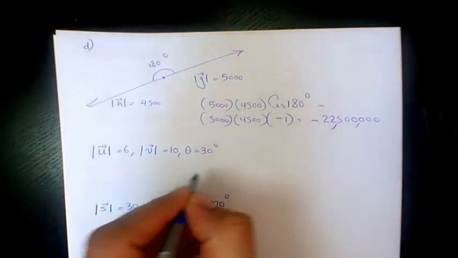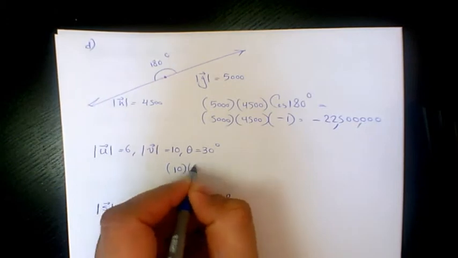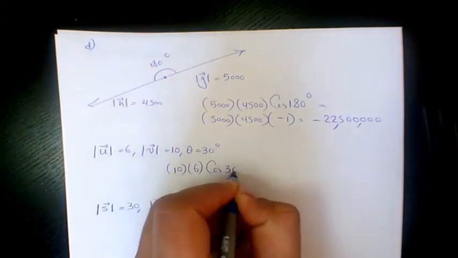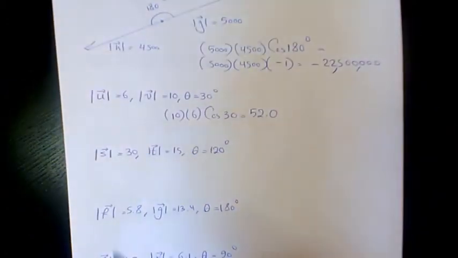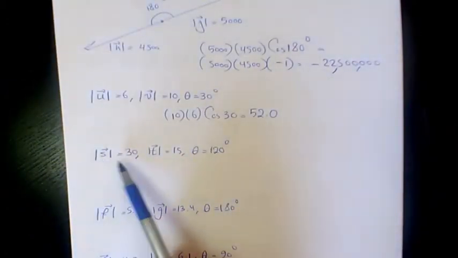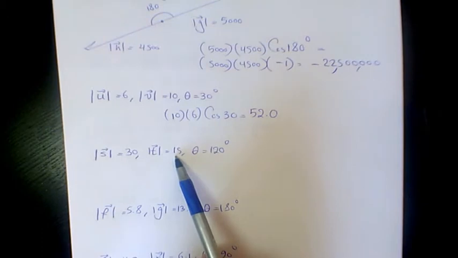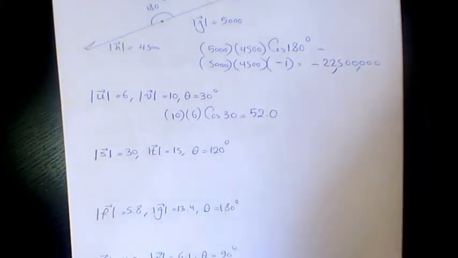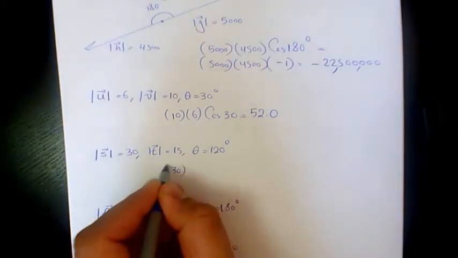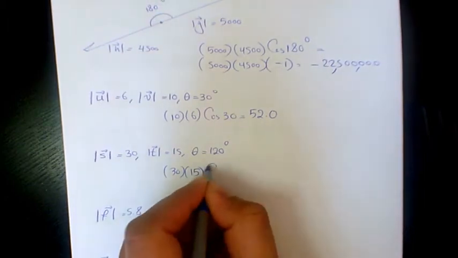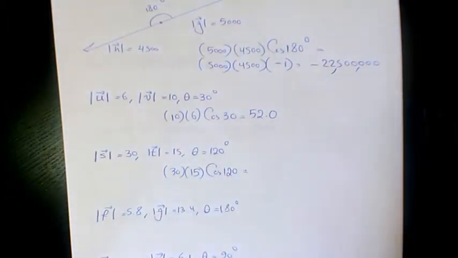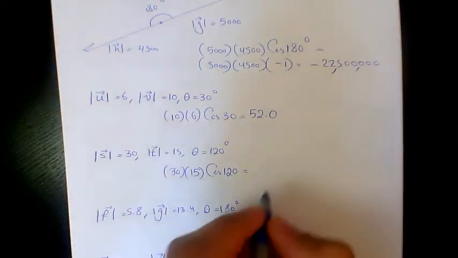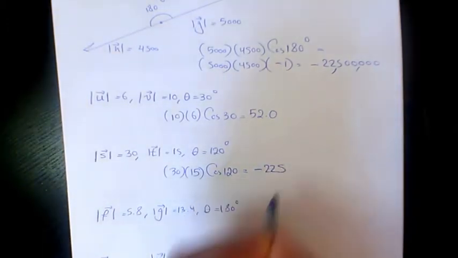That will be 52.0. Next one, the first one, the magnitude is 30. Second one, the magnitude is 15. And the angle in between is 120. So it's going to be 30 times 15 times cosine 120. It's going to be negative 225.